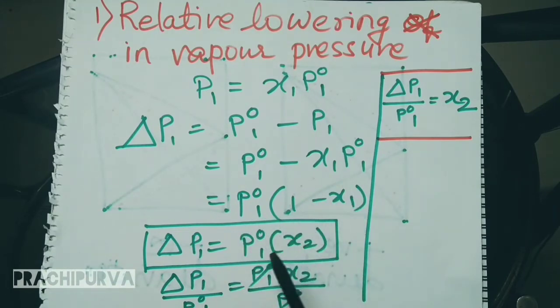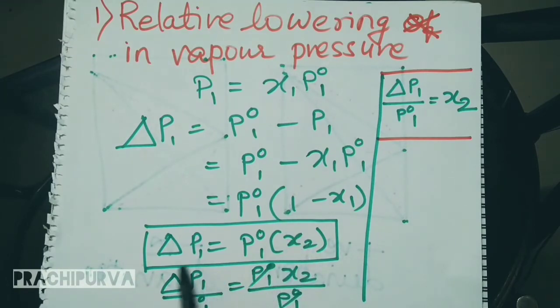For example, when we calculate your marks, you give a 100 marks paper. Normally what is expected? 100 marks. But what you get is 70. So what do you write? 70 upon 100 into 100. That's your percentage. So what you got, divided by what you should get. This is called relative.